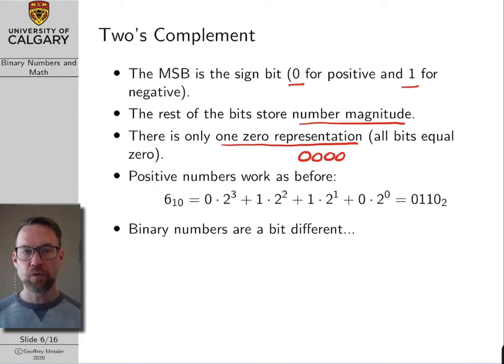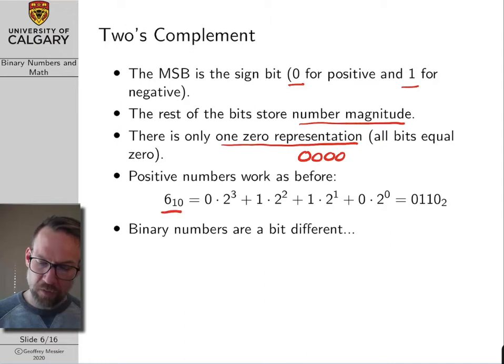Now, when dealing with 2's complement numbers, they are basically the same as unsigned binary numbers, except you have an extra 0 on the left-hand side for the sign. So if we wanted to represent the number 6, we would have 3 magnitude bits, which would be equal to 110, which is 1 times 4 plus 1 times 2 plus 0 times 1.